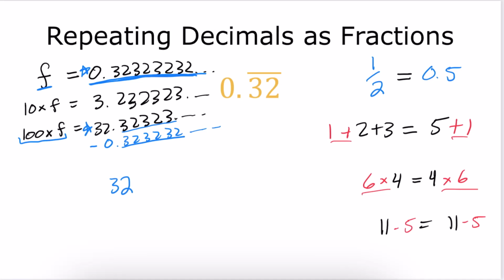We could just subtract our mysterious fraction, which is way easier because 100 times f is f plus f plus f plus f plus f plus f 100 times. Now, usually we don't do it that way because it takes forever to add 100 f's or 100 fractions together. But in this case, it would be easier to think about it that way because if you have 100 f's added together and then you subtract an f, how many f's do you have?